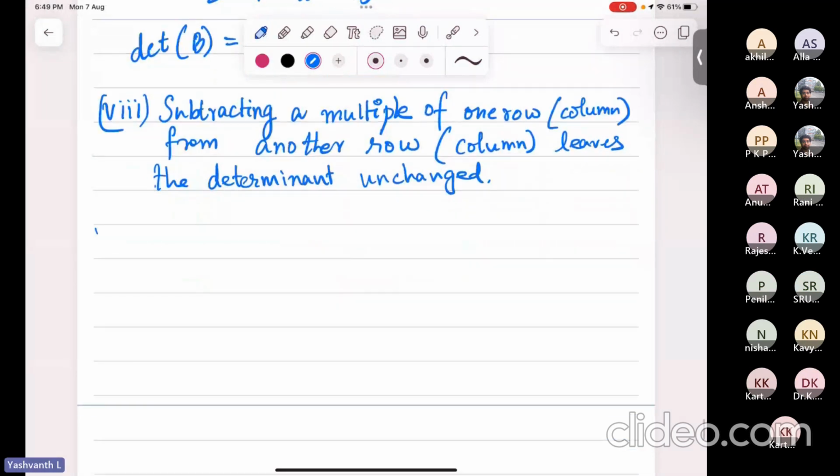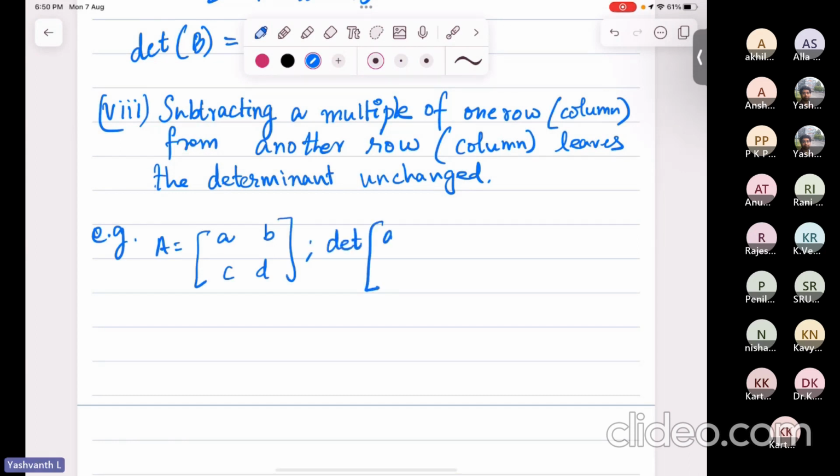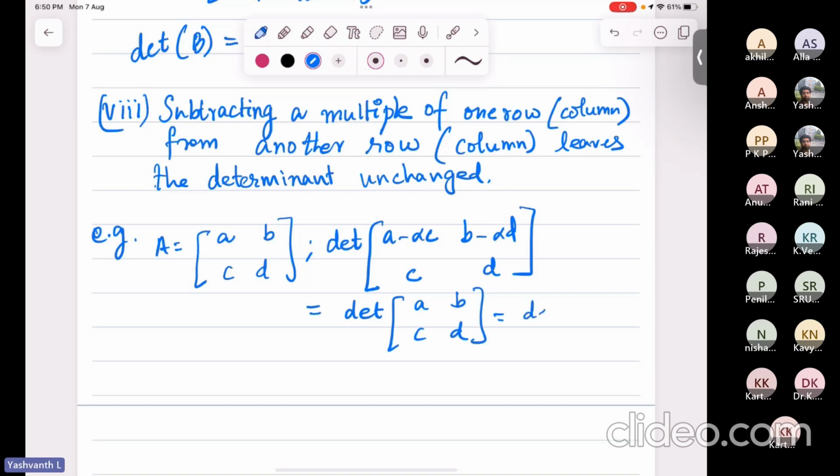What I am trying to say is, let's say A equals the matrix A, B, C, D. Then the determinant of the matrix (A minus αC, B minus αD, C, D) is the same as the determinant of (A, B, C, D), which is the same as the determinant of A. Okay.